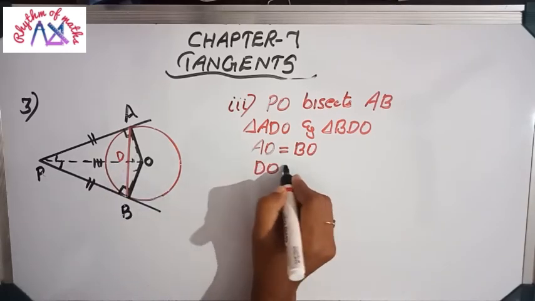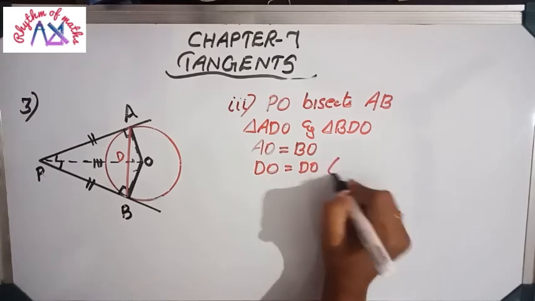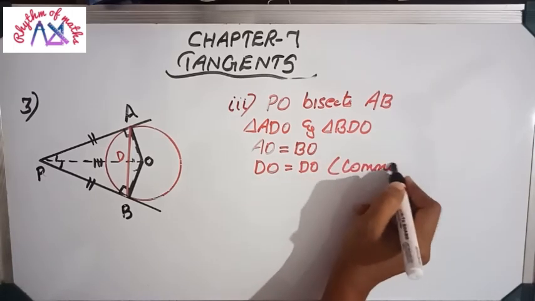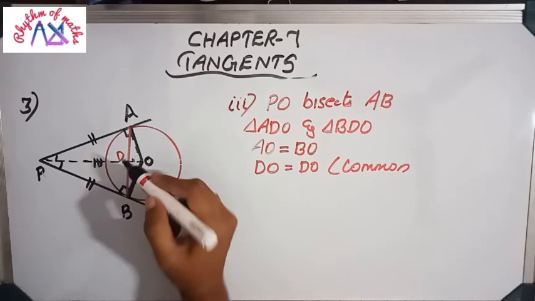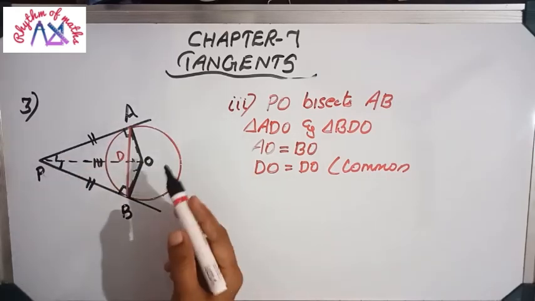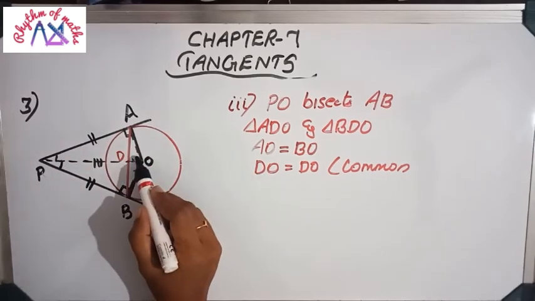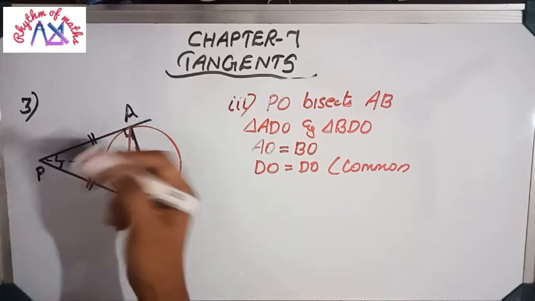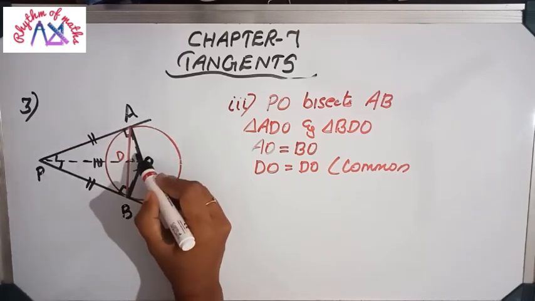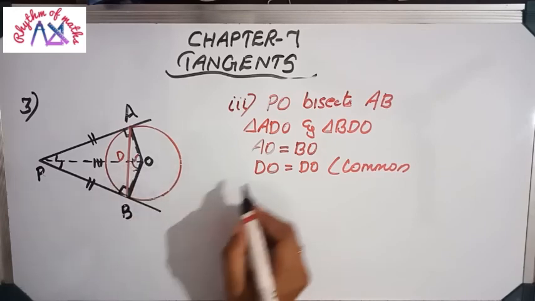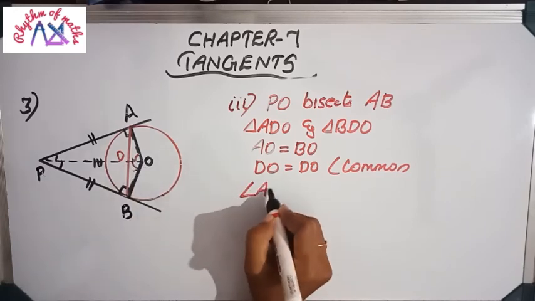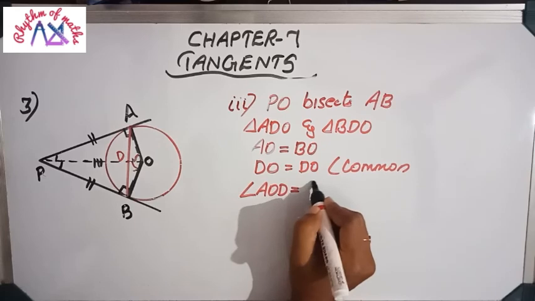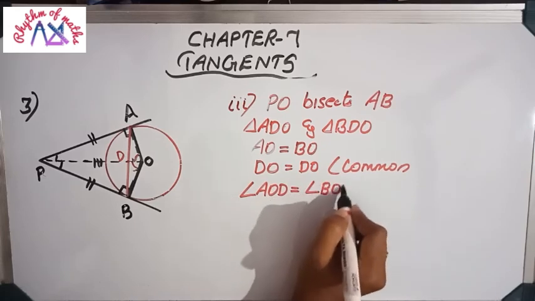Now we can't say AD and DB are equal because that is the thing we need to prove. Now let's check angles. Here angle AOD and BOD are equal, that we also proved in the second sub question. So angle AOD equals angle BOD.